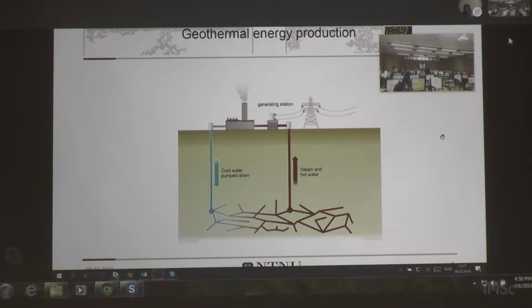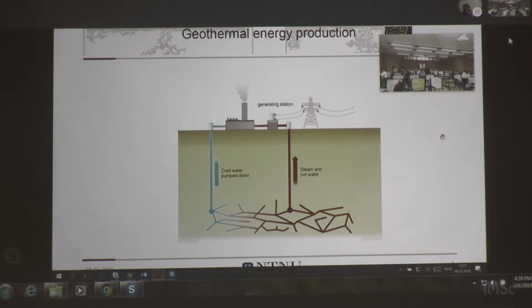The final example is geothermal energy production. The basic principle is that we inject cold water and we should get back hot water or steam, because we are pumping in a layer where there are rocks with high temperature.